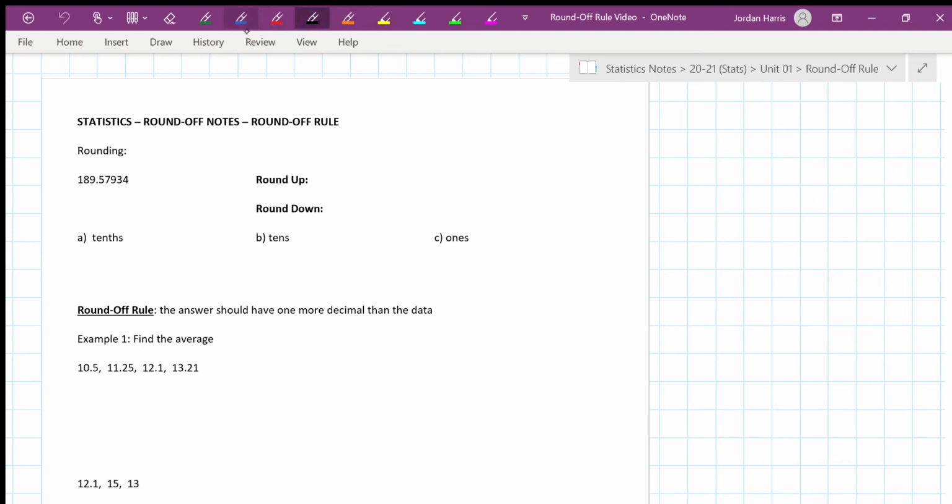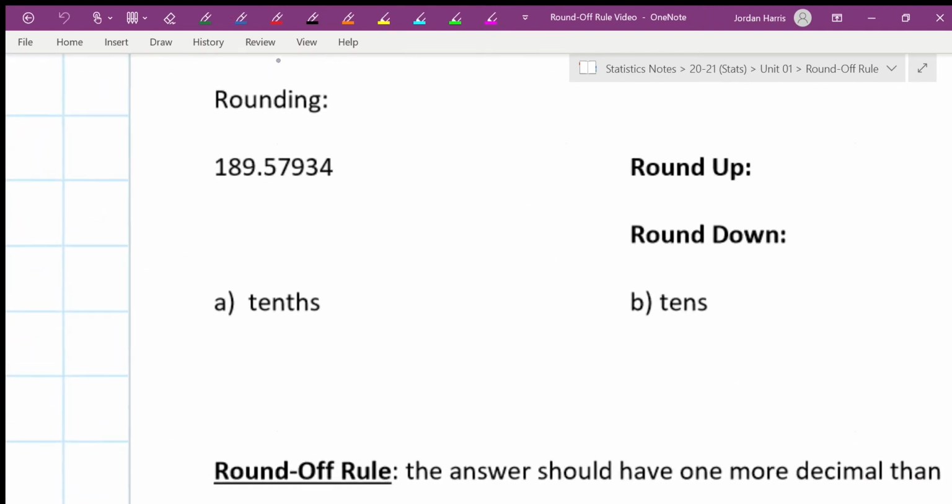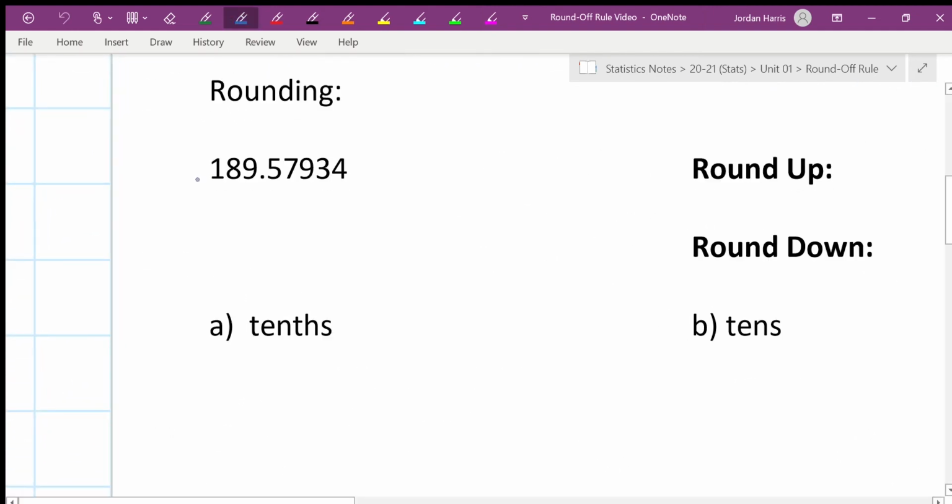Okay, so the rule is, looking at this number, first of all, you need to know your places. So you have hundreds, tens, ones, or units, depending on who you look at. Then you have the first decimal place, that is the tenths.